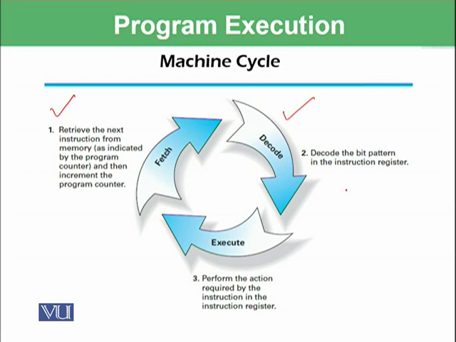For example, if there is an instruction 10xy, this instruction might be telling us that this is a load instruction and you need to load data from the memory location xy to register 0 within the CPU. After decoding, that instruction is handed over to the execution phase that actually performs the action within the CPU.